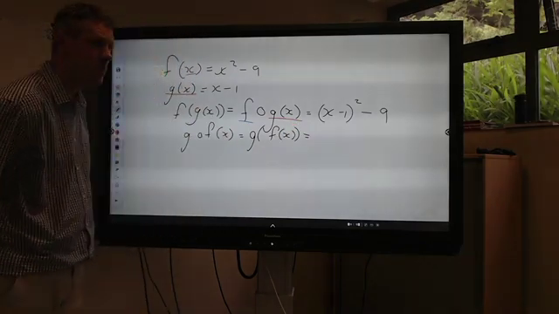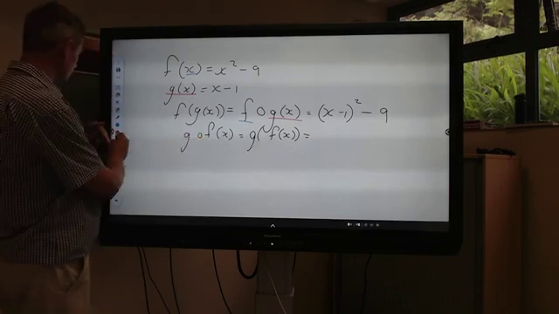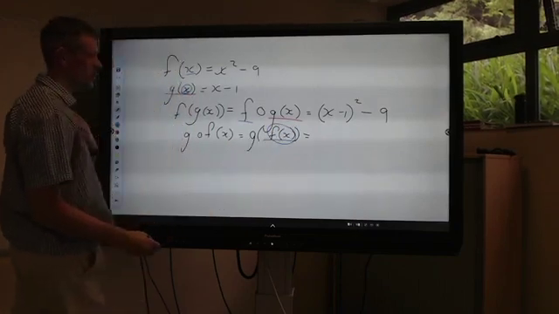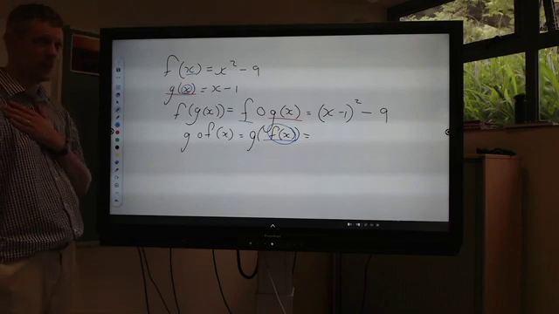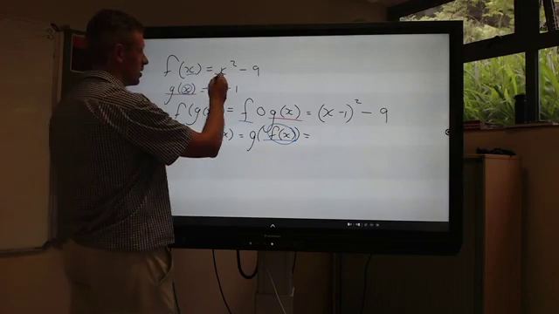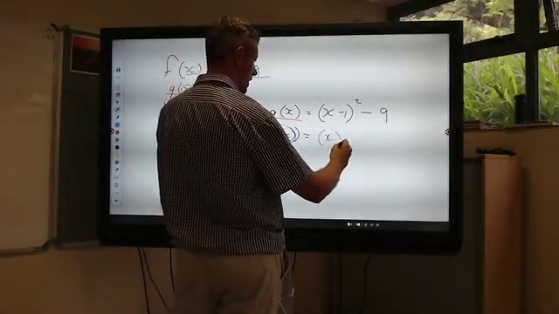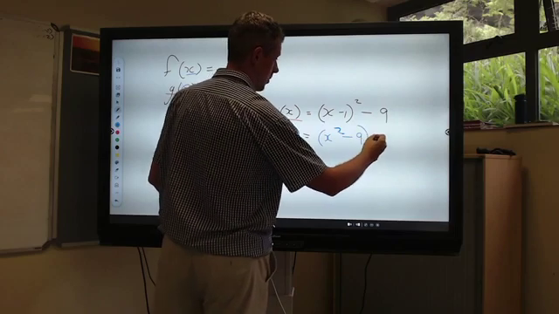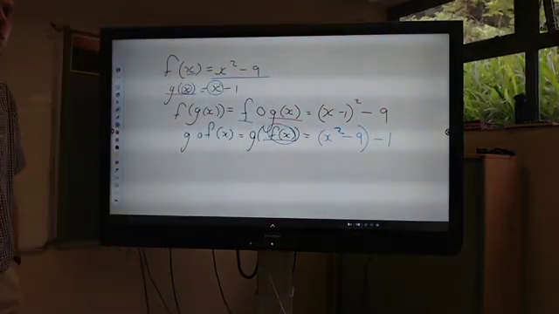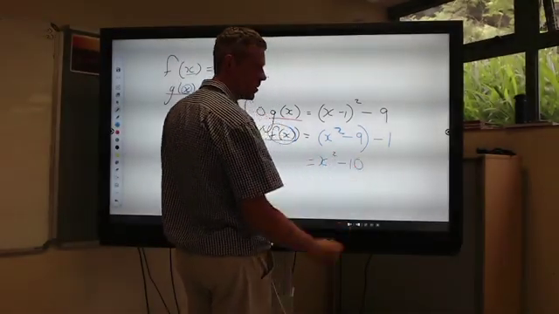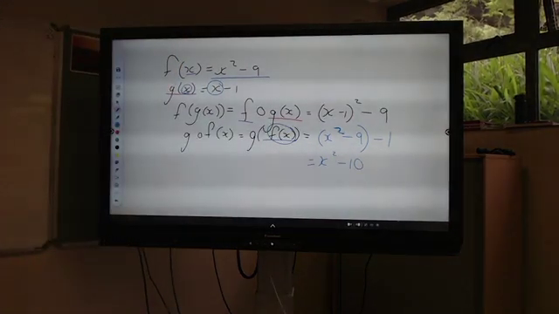So in other words, wherever there's an x in g, I have to replace it with f of x. So what's this going to be? Replace every x with. So in this case, it's going to be x squared minus 9 minus 1. Which I can simplify to x squared minus 10. Okay, this is simple, guys, really.